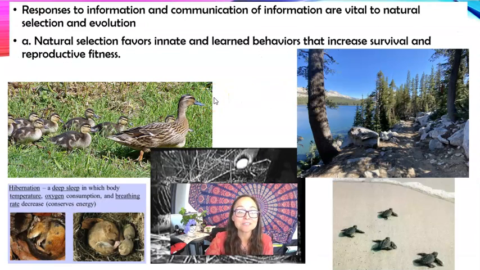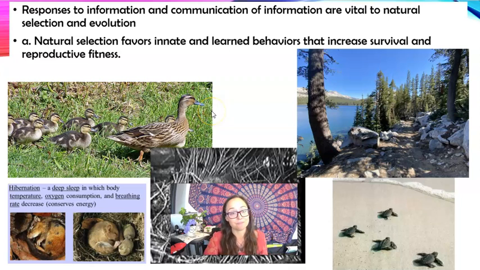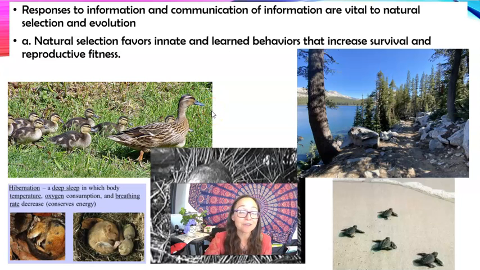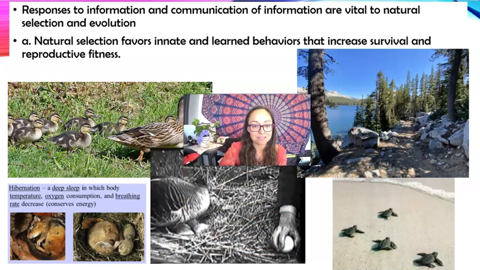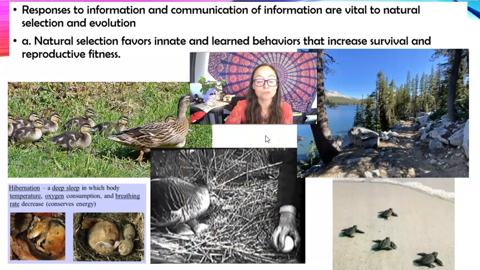Now, responses to information and communication are vital to natural selection and evolution. If a species is unable to communicate or respond to signals, that may lower their fitness, and therefore those types of communication and learned behaviors can be selected for or against.